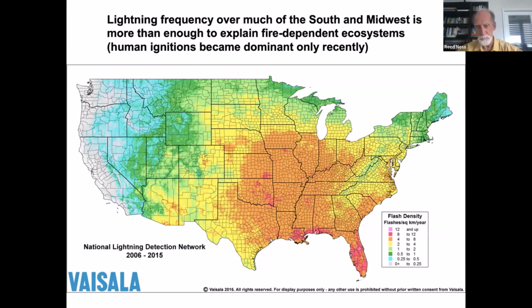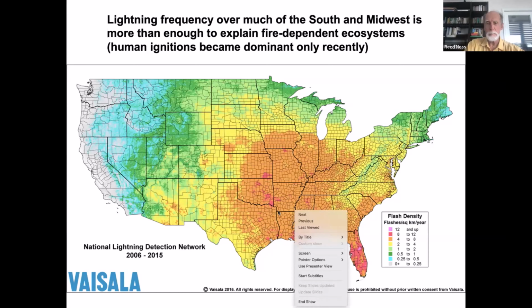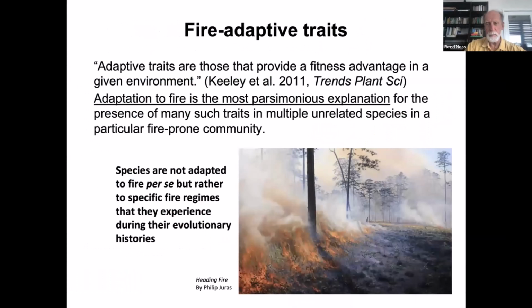More recently, the rest of the East has been primarily ignited by human ignitions, except for the coastal plain, where lightning remained dominant until the time of European settlement. And this is something that's not widely known, actually.